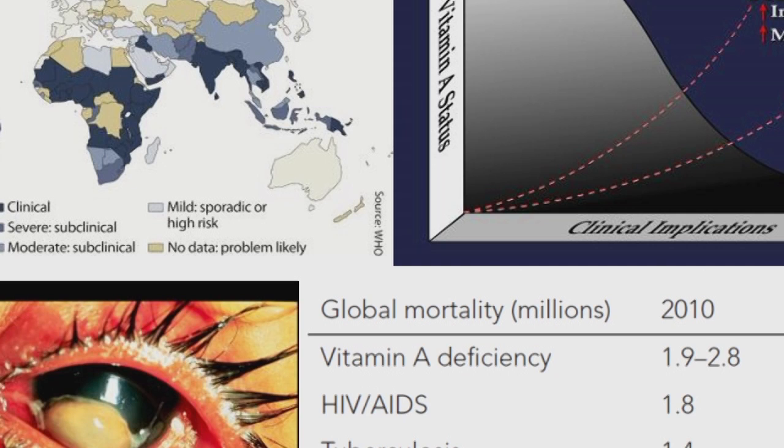So in this little table on the lower right, vitamin A deficiency in 2014 killed between 1.4 and 2.1 million children under the age of 5, more actually than the mortality from those other major public health problems.